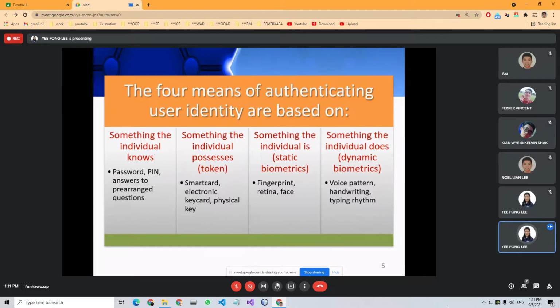Now tell me about the objects or devices you have, which type is used to authenticate your identity. Let's say your smartphone, which type are you using?